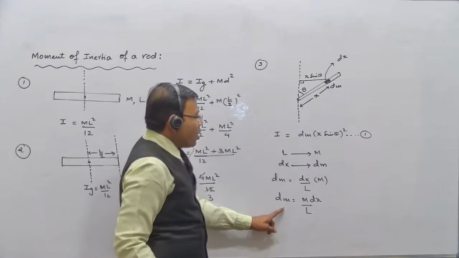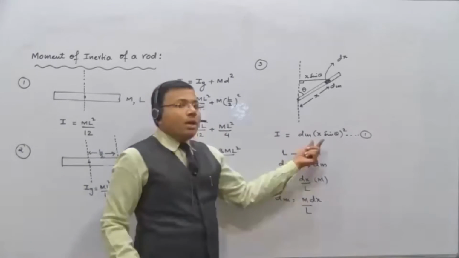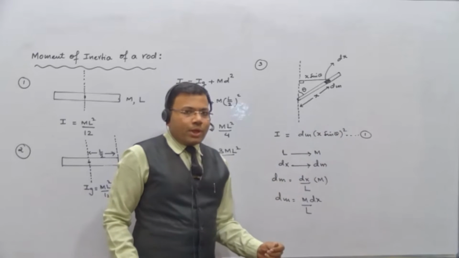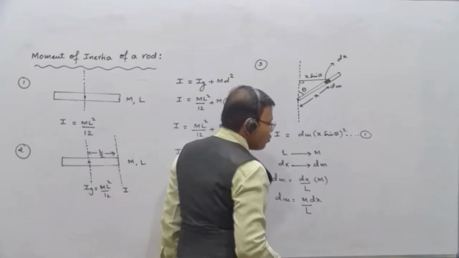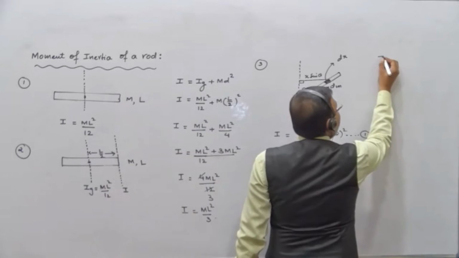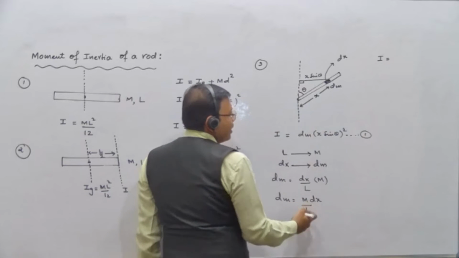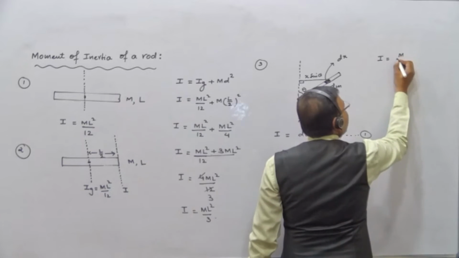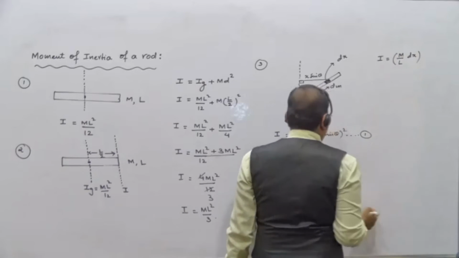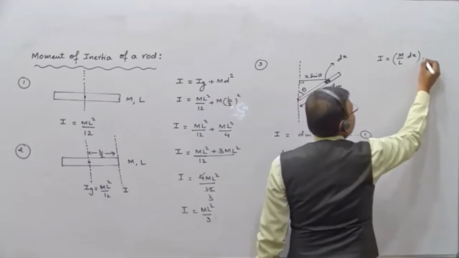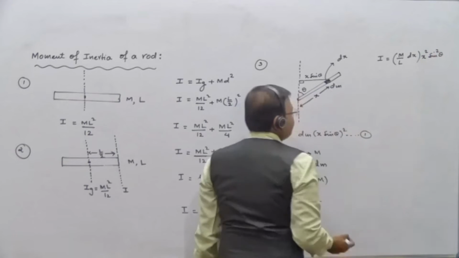So this dm, we are substituting in this equation, that is dm x sin theta whole square. Okay, now I substitute in this, look carefully at what we are getting and how to proceed. I is equal to, this is dm, dm is M by L into dx, and here if you open this you are going to get x square sin square theta.